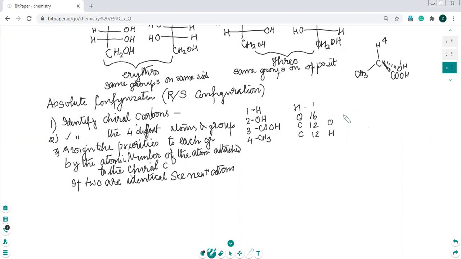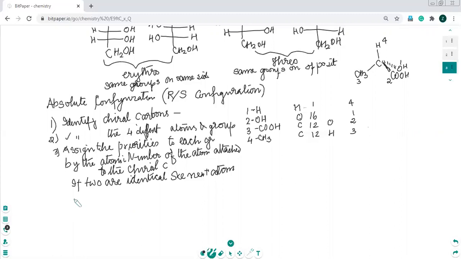So this is the second priority group, and the CH3 gets the third priority. And H as the fourth priority. So you have assigned the priority. Let me assign the priority here. This is 1. This is 2. And this is 3.